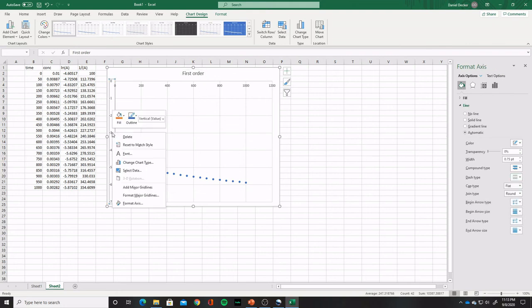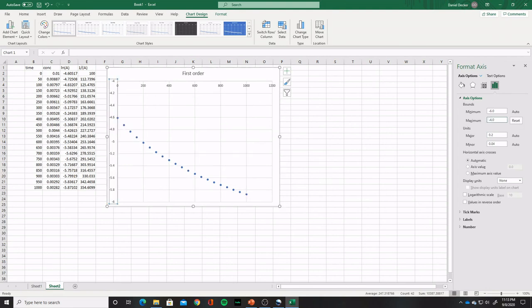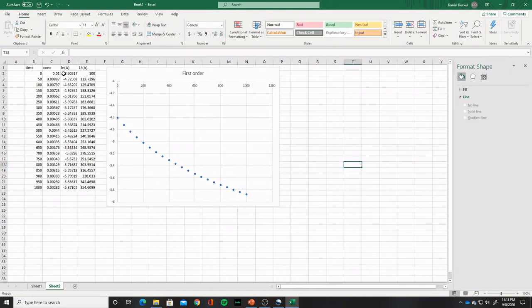And I think I'm going to go ahead and format that axis as well, because it's kind of hard to see what's going on. I'm going to tell it to move the bounds to where 0 is not the bound. I'm going to say -4. Yeah, it's a little bit easier to see there. Okay, so that is first order.